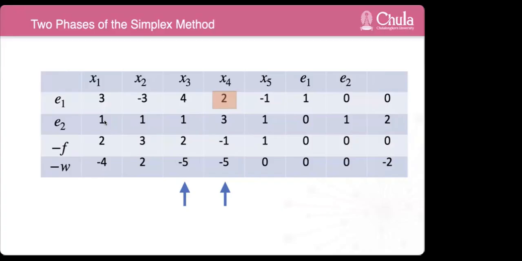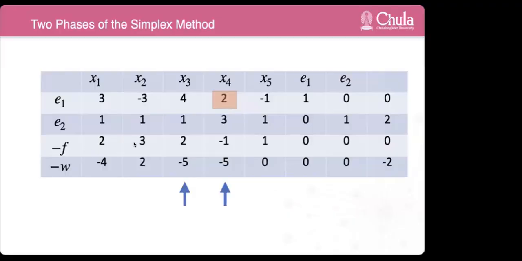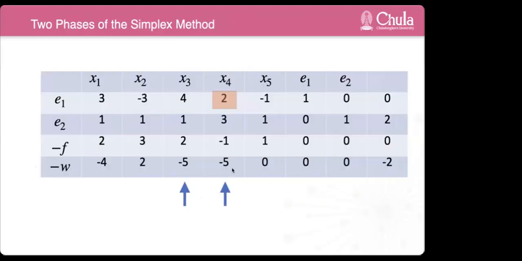The second row is from the second constraint: 1, 1, 1, 3, 1, 0, 1, 2. And this line is from the objective function: -4, -5, -5.